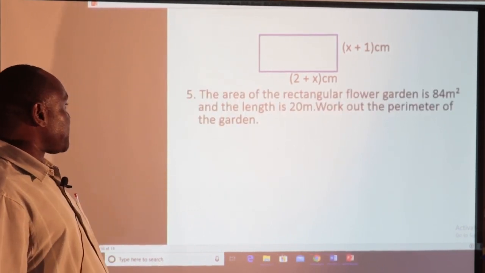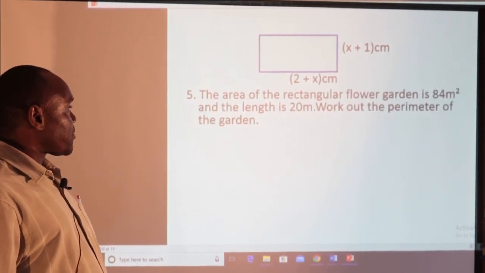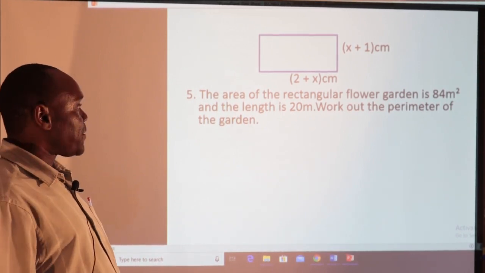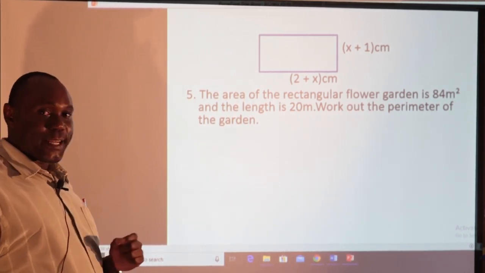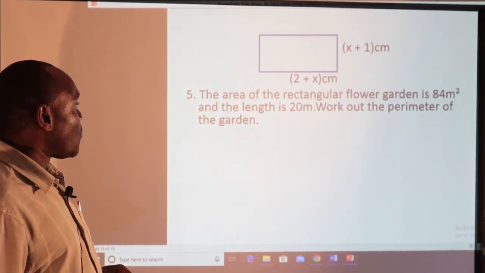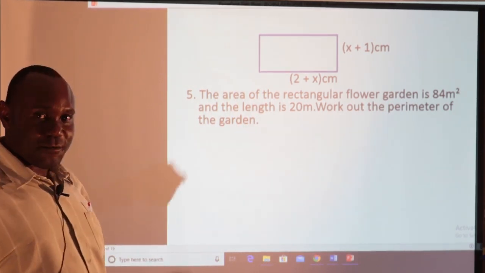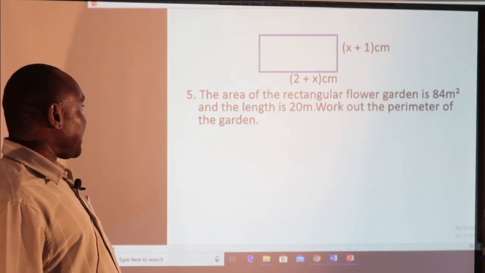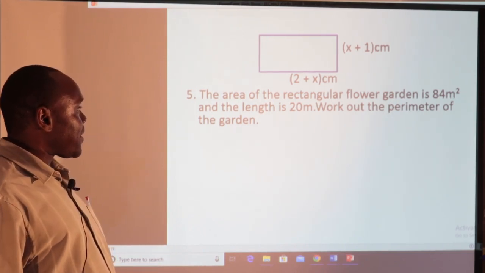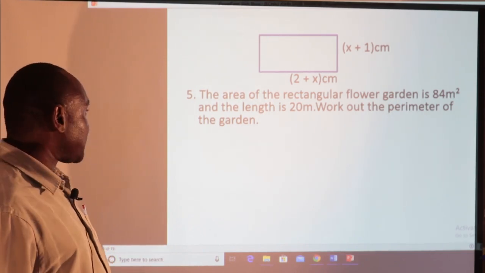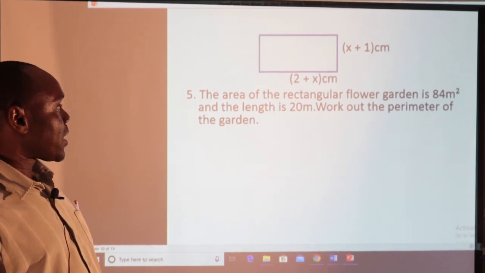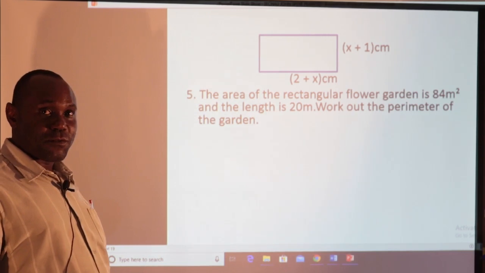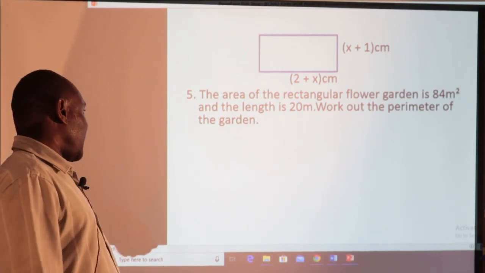So number 5, the area of the rectangular flower garden is 84 square meters and the length is 20 meters. Work out the perimeter of the garden.